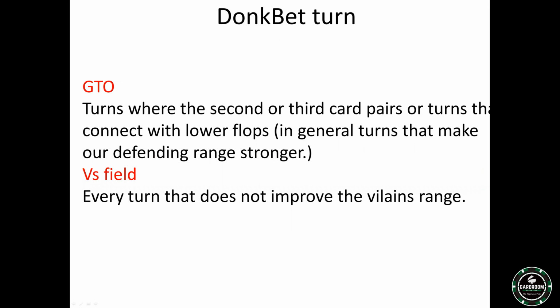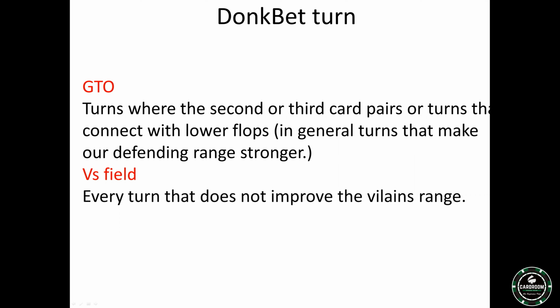Now, to sum up, GTO, when we're trying to play a very well balanced strategy against well balanced players, we want to donk bet mostly on second and third card that pair, right? So if it's like a Jack 10-4 or a 9-5-6, you're going to want to bet on the turn 6 and turn 5, and obviously the turns that are lower and connect better with the big blind, right?